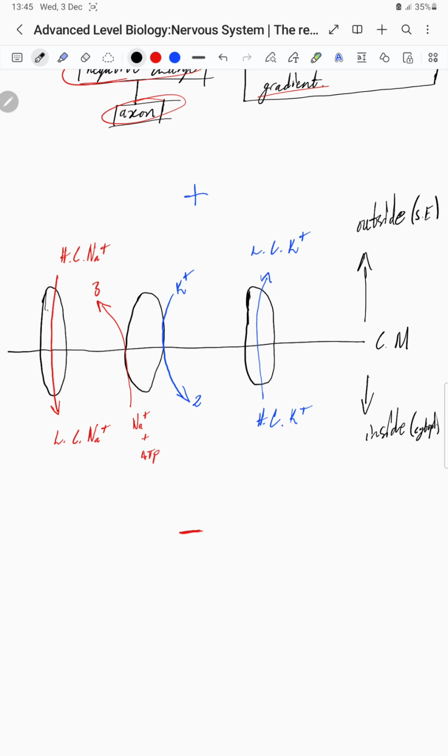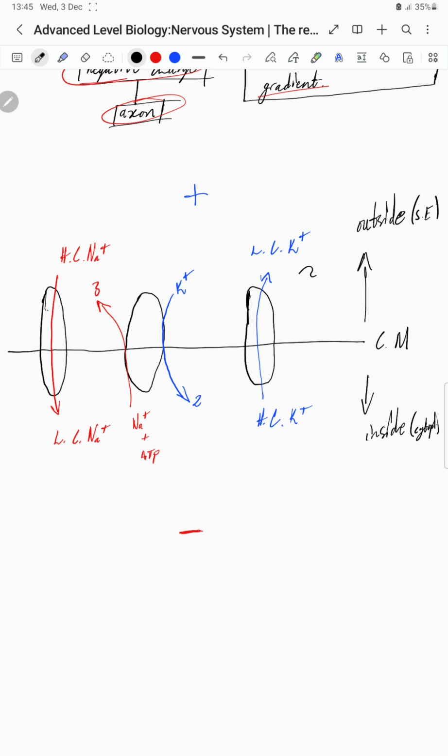Now, if this was happening at the same rate, we could say the charges would only be determined by the active transport. But this is not so.